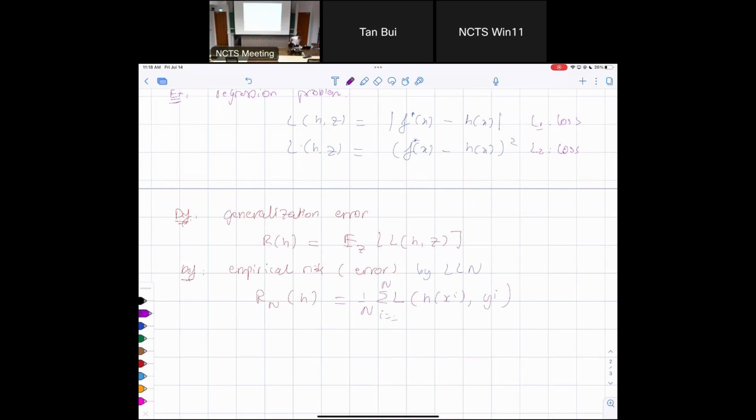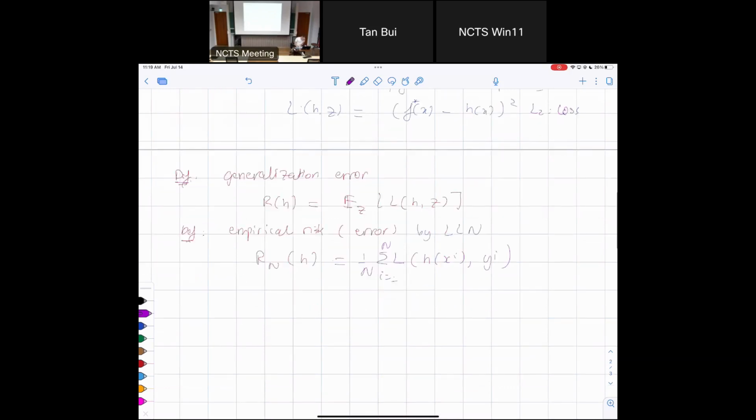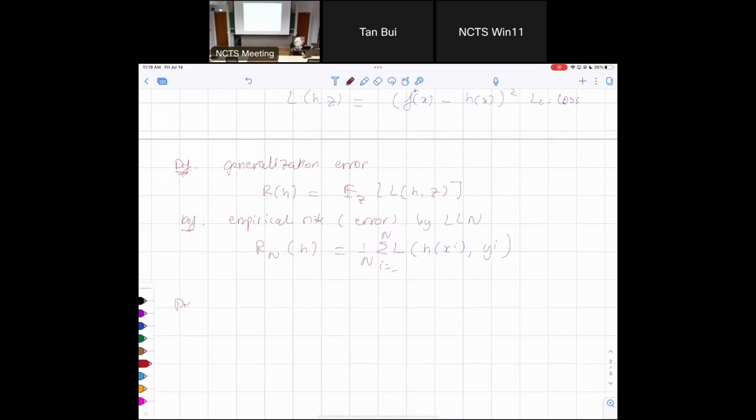We do this in a more abstract form right now. And of course we have one more definition.